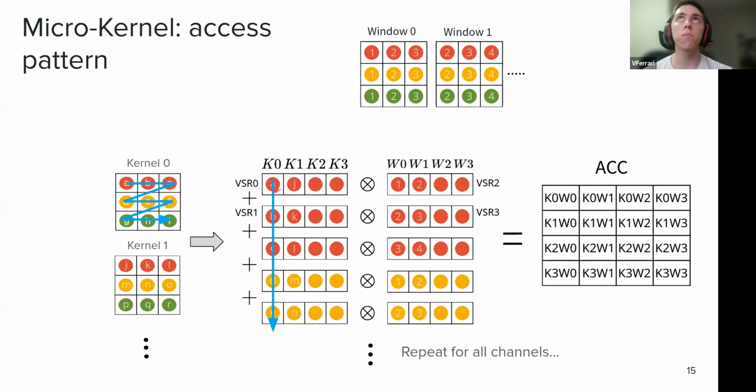For example, n is 4, so we start with 8 elements, 2 vector registers of 4 elements each, and you end up with 16 elements in the end. So it is a quadratic expansion. You start with 2n and you finish with n squared results. But in this case, you have to do multiple outer products and accumulate everything on top of each other so that you can fully calculate every single term of the output element.